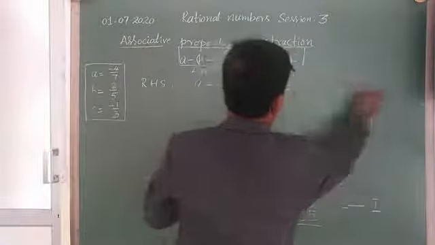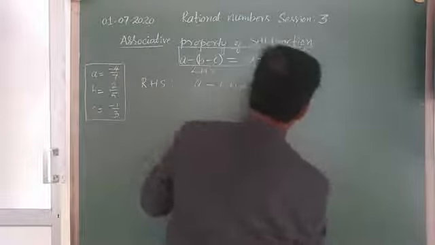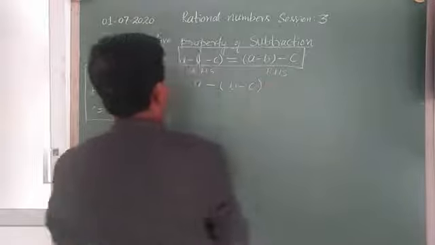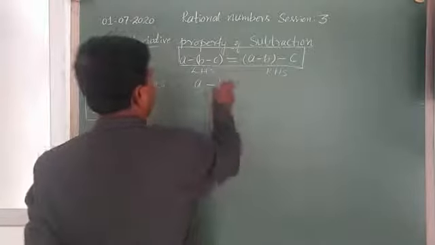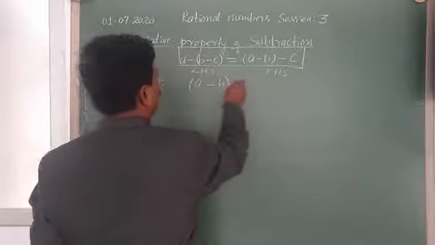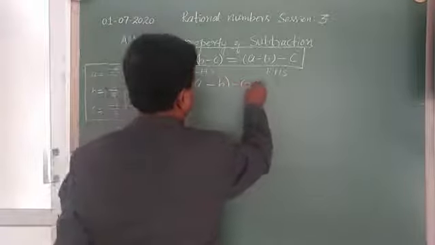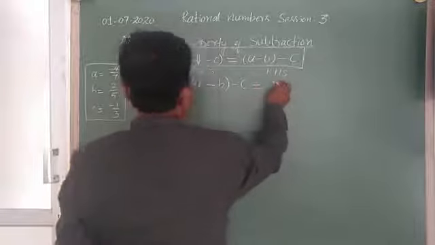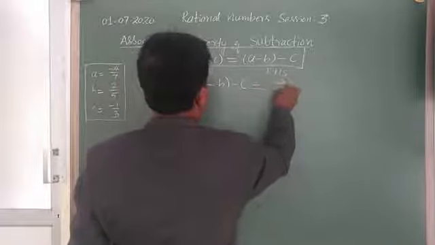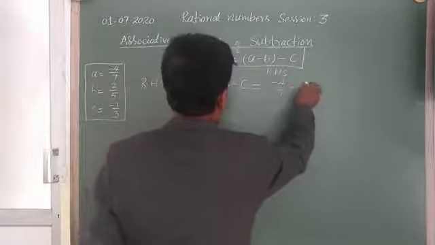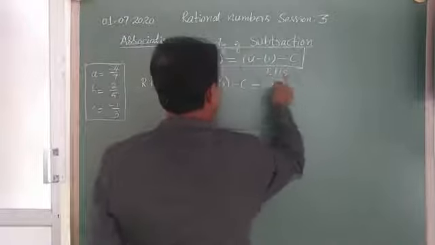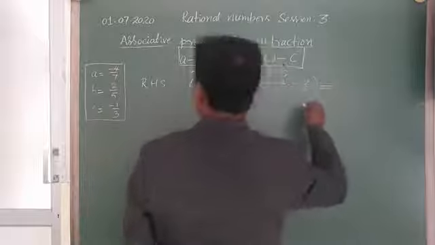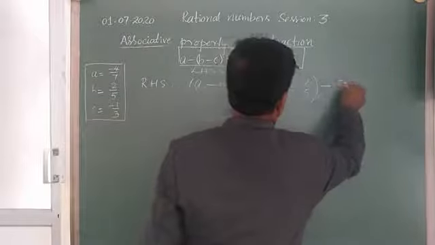RHS. So what becomes the RHS? Here the grouping is different: A minus B, minus C. So A is minus 4 by 7, minus of B, which is 2 by 5, minus C, which is minus 1 by 3.